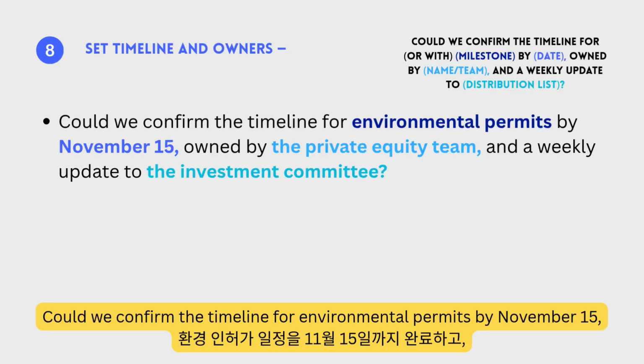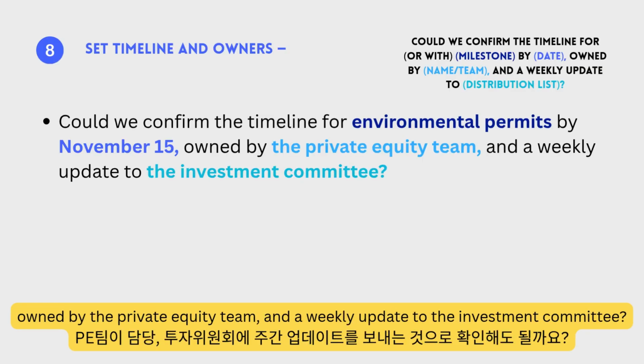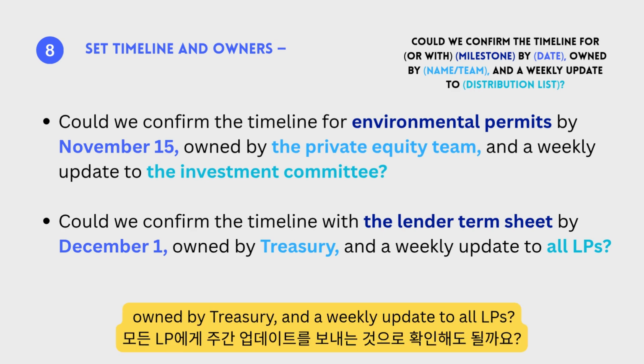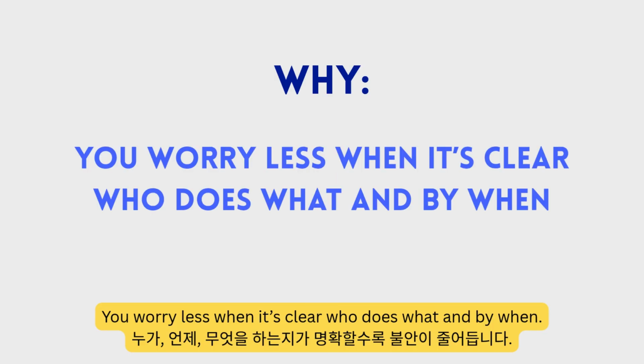Could we confirm the timeline for environmental permits by November 15, owned by the private equity team, and a weekly update to the investment committee? Could we confirm the timeline for the lender term sheet by December 1, owned by Treasury, and a weekly update to all LPs? Why? You worry less when it's clear who does what and by when.